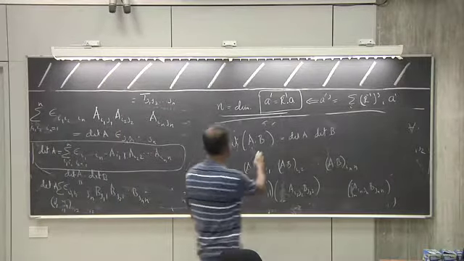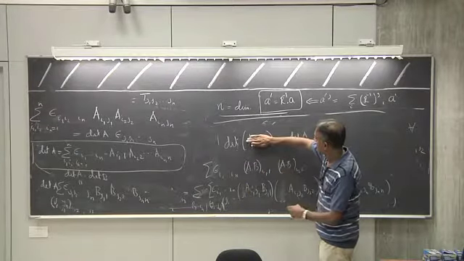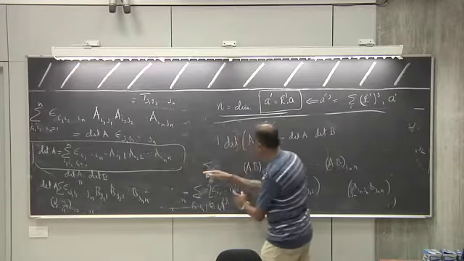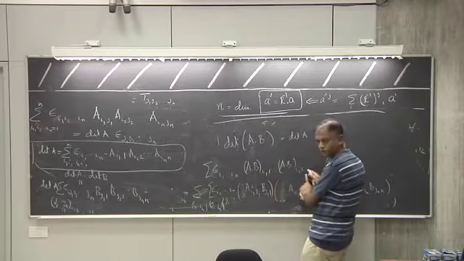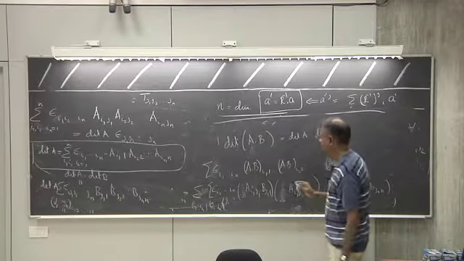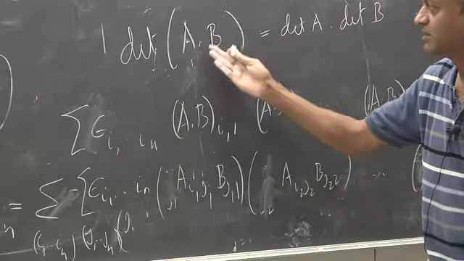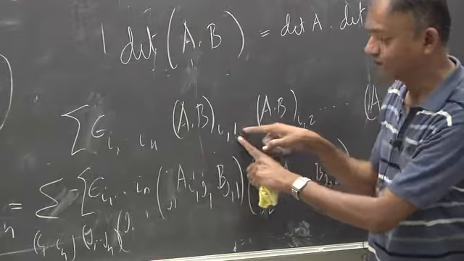So what I did, I used the definition of determinant. A times B is some matrix, call it C. Determinant of C is epsilon I1 up to In, C I1 1, C I2 2, etc. Now after all, C is a matrix multiplication of A times B. And this is the element in the I1th row and first column.